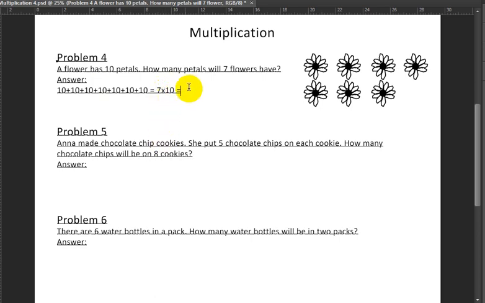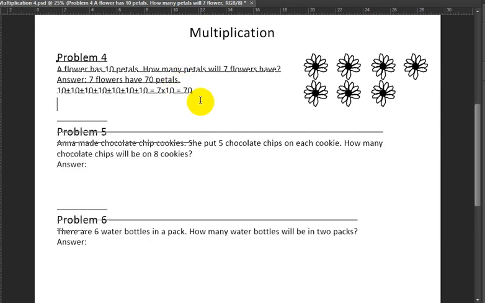So I'm going to say that the result is going to be the number I'm multiplying 10 with, 7, with a 0 after it. So 70. So my answer here should be 7 flowers have 70 petals.